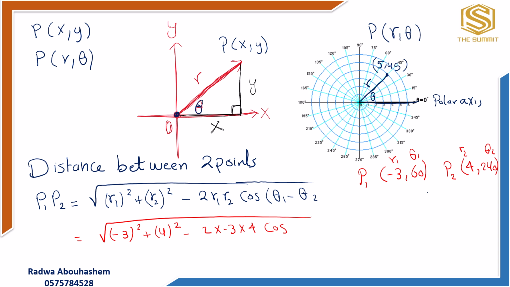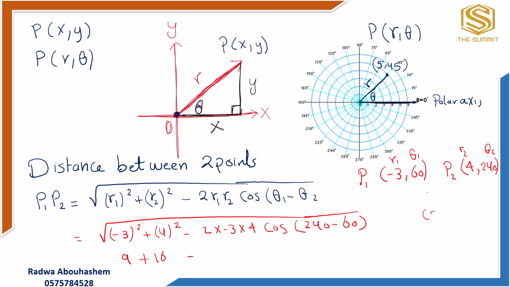So here, 240 minus 60. Okay, so negative 3 power 2 is 9, 4 power 2 is 16. 2 times negative 3 is negative 6. Negative 6 times 4 gives me negative 24. And cosine of 240 minus 60 is cosine 180.